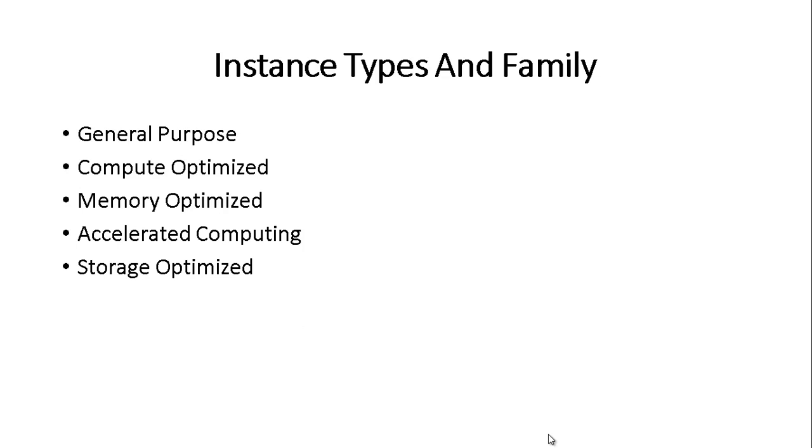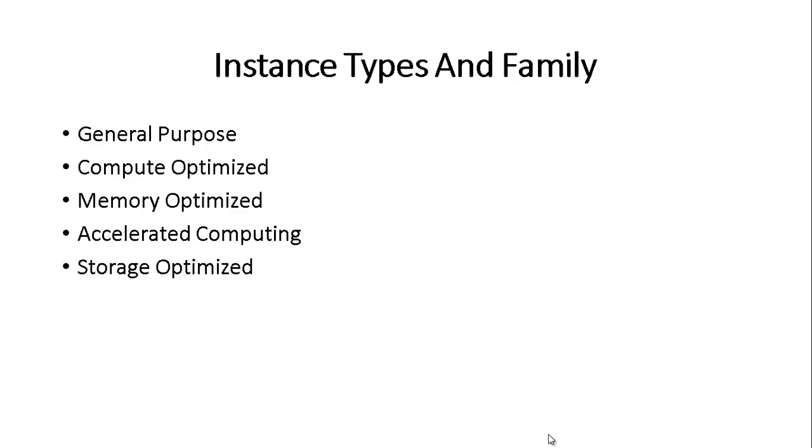So there are several instance types and their families. At first I describe the families. The families are general purpose, compute optimized, memory optimized, accelerated computing, and storage optimized. These are the family types.